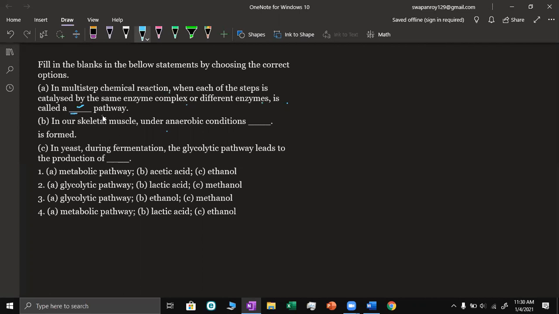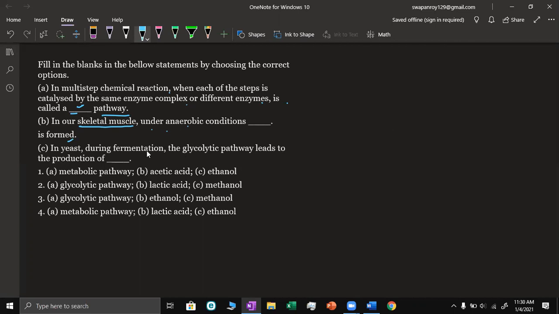What is that pathway called? In our skeletal muscle, in mammalian muscles under anaerobic condition, what is formed?